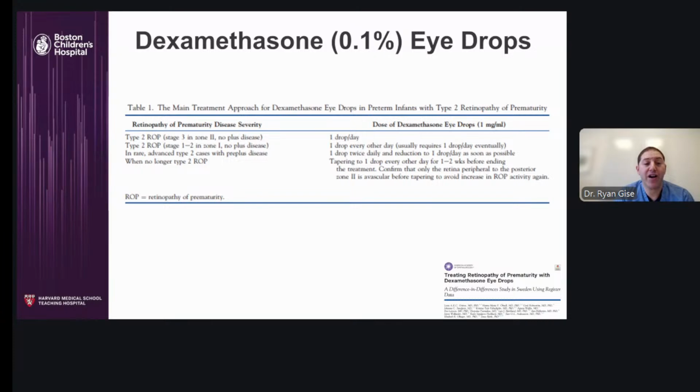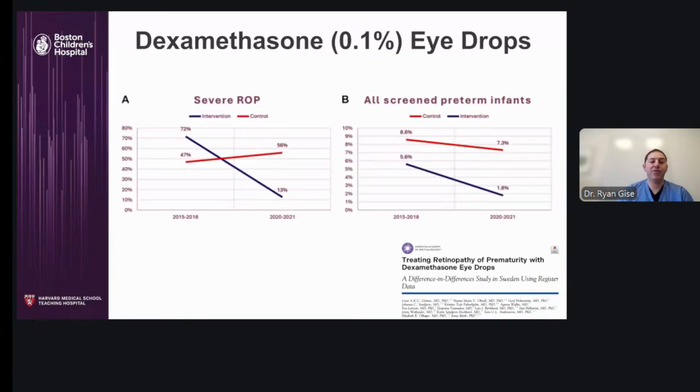It was every other day if it was stage 1 to 2 in zone 1 with no plus disease, but eventually would require one drop every day because it would progress. In rare advanced cases of type 2 with pre-plus disease, sometimes twice a day drops were used, but the goal was to decrease that as soon as possible, and then to taper it off when there was no longer type 2 ROP present. If you look at their graphs, it's actually quite dramatic.